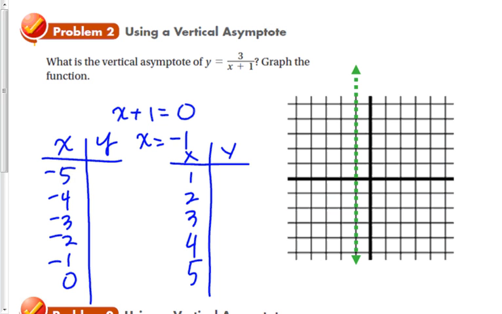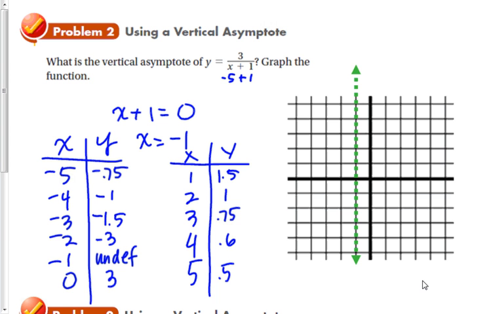And we'll see what happens there. So when x is -5, y is 3 divided by -5 plus 1. Well, that's -4. So 3 divided by -4 is -0.75. I'm going to go ahead and pause here and fill in the rest of those values.